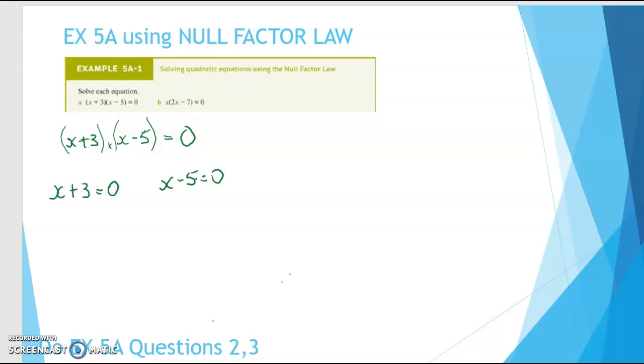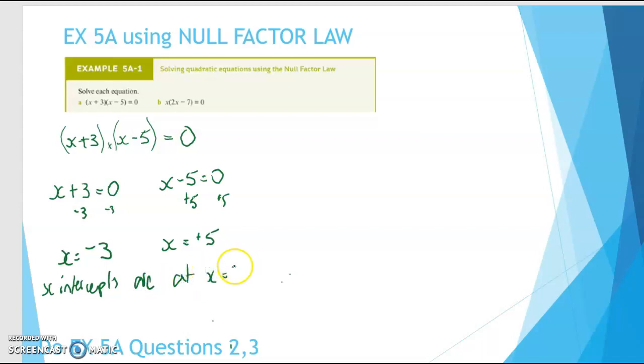From earlier work, we know that we can easily get x by itself. In this case, subtract 3 from both sides: x equals minus 3. And here we have to add 5 to both sides, and x equals positive 5. So the x-intercepts are at x equals negative 3 or positive 5.